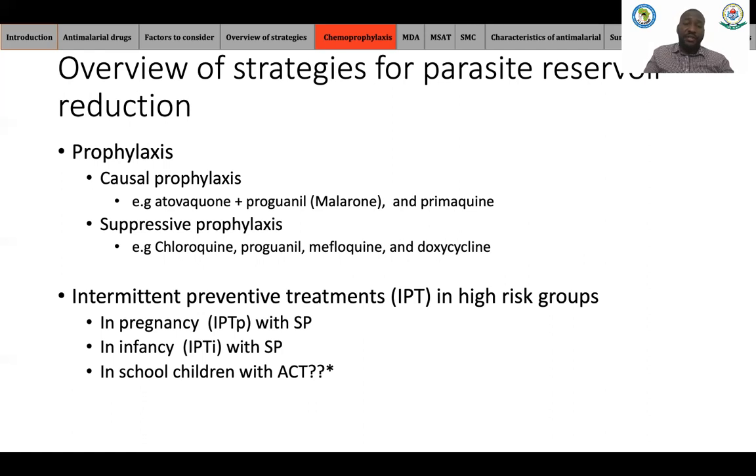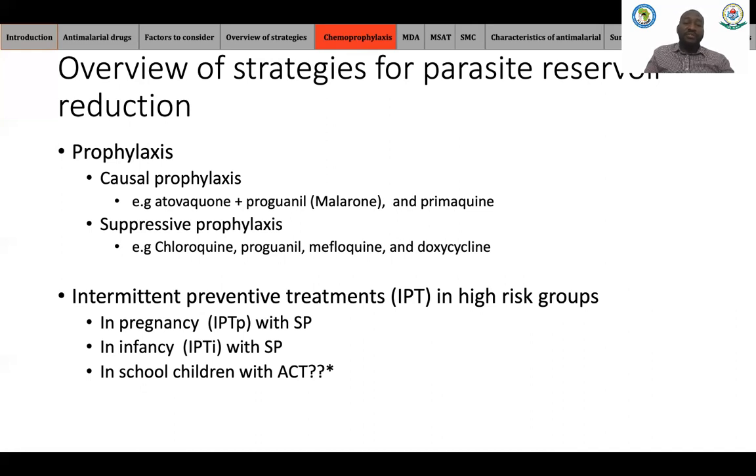And the same sulfadoxine pyrimethamine is used for intermittent presumptive treatment in infants in their first year of receiving immunization. They're also given at least 3 complete doses of sulfadoxine pyrimethamine. So these are policy-wise already recommended and put in action.